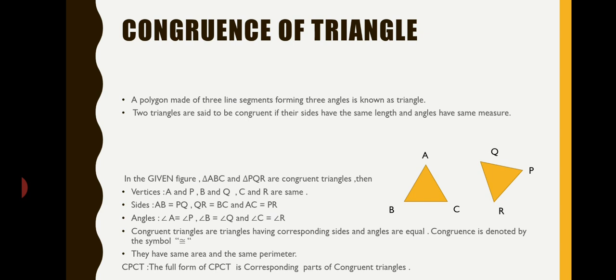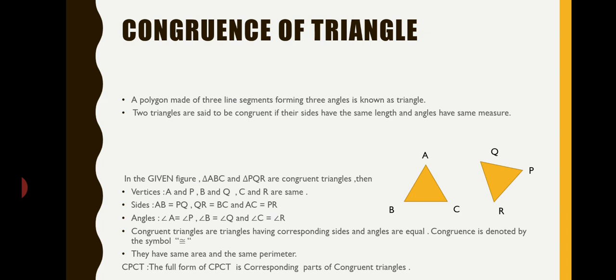Here it's given that triangle ABC and triangle PQR are congruent triangles. But how we are representing the triangle, the sequence is also very important. Here we are writing triangle ABC is congruent to triangle PQR.